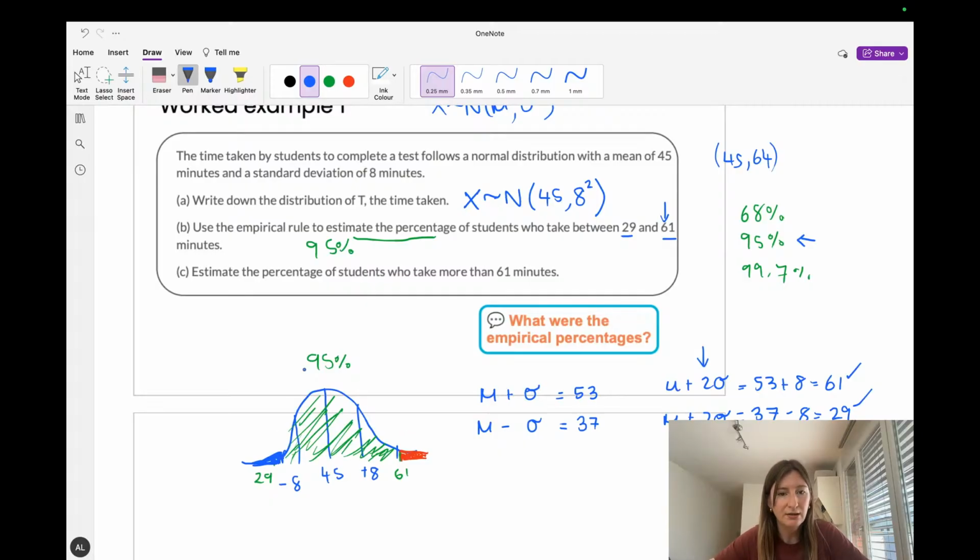So each side is going to get 2.5% of the data. 2.5 and 2.5%. So all in all, double check, does that add up to 100%? Yeah, it does. So that means that the percentage of students who take more than 61 minutes, just that part, more than 61, is 2.5%. So hopefully that helps it to make a bit more sense.